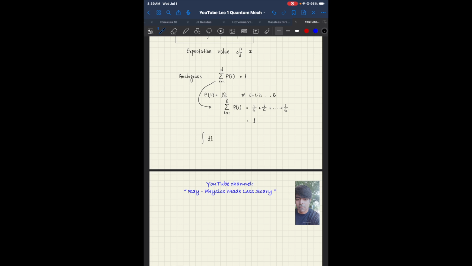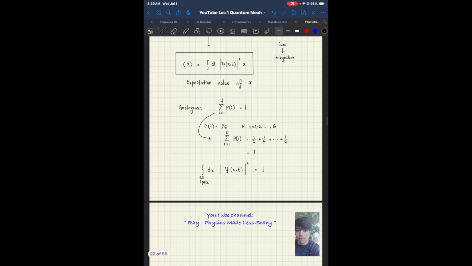The integral dt, what, psi(x), sorry, I'm using capital psi, yeah, I'm using capital psi, equals one. Why am I using t here? Sorry.